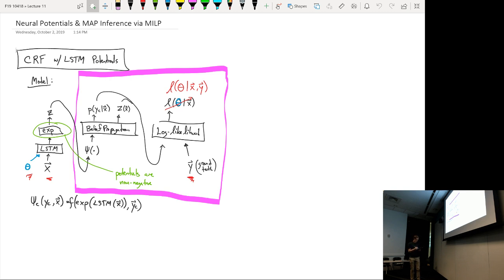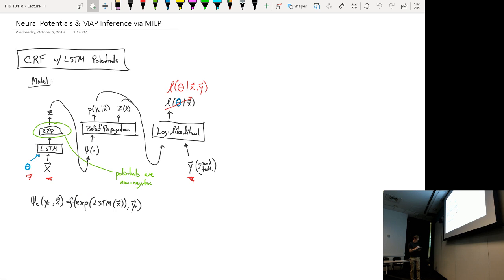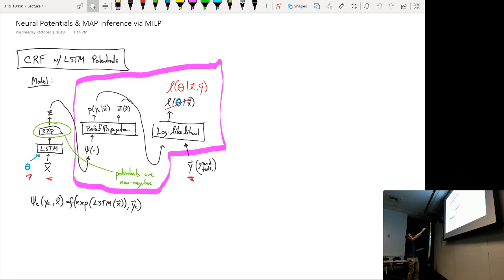And so maybe I should be a little more careful and say that the box that we're talking about here, that is our loss function, is really everything except for our leaf nodes and our computation of the actual potential functions.